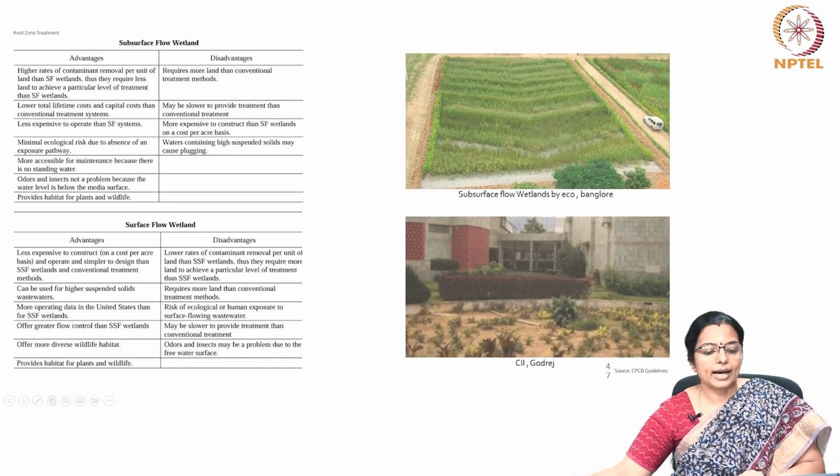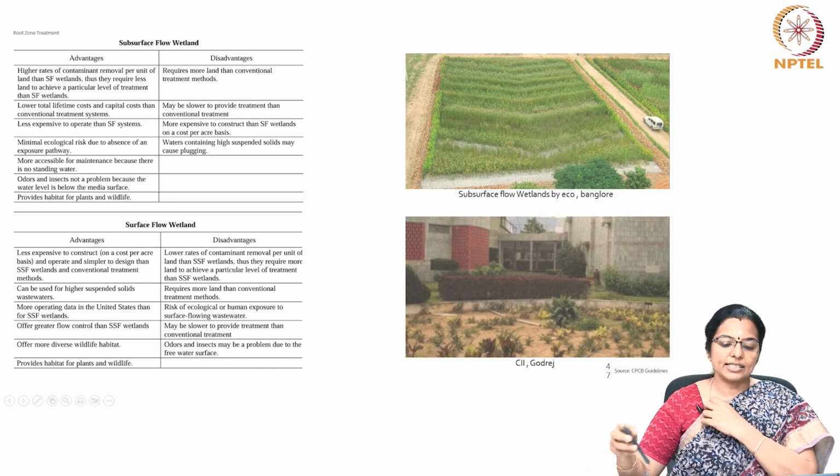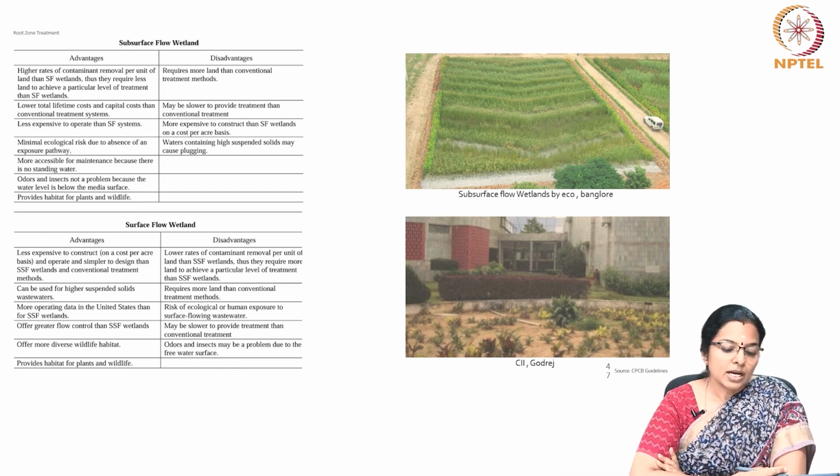Let us now look at the advantages and disadvantages of subsurface flow wetland. The advantage of subsurface flow wetland is that it has higher rates of contaminant removal per unit of land than the surface flow wetland.